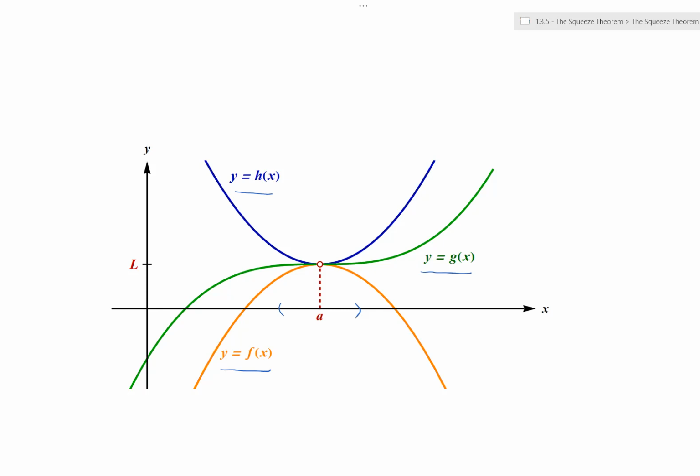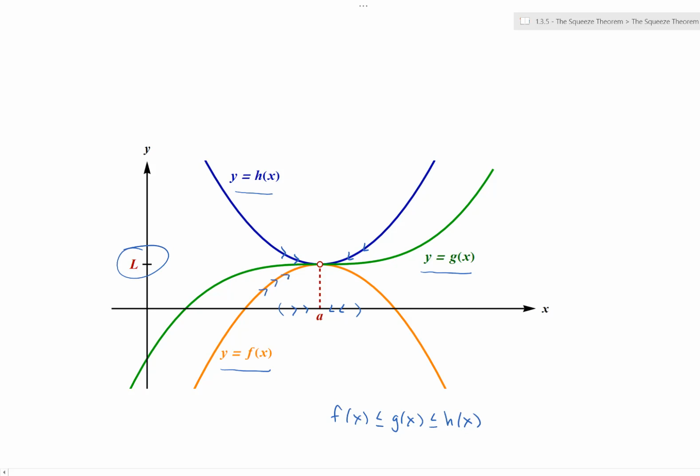And so the conditions of the inequality from the theorem, that f of x is less than or equal to g of x, less than or equal to h of x, are satisfied, at least for values of x near a. And notice, what the picture is trying to show is that as we approach x equals a from both sides, h of x is approaching the number L over here.